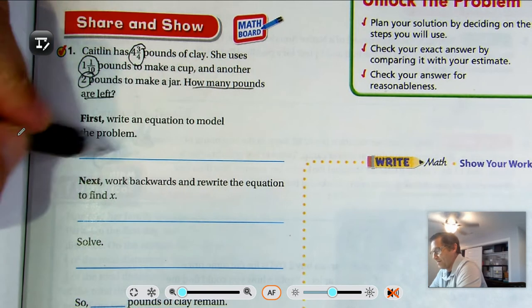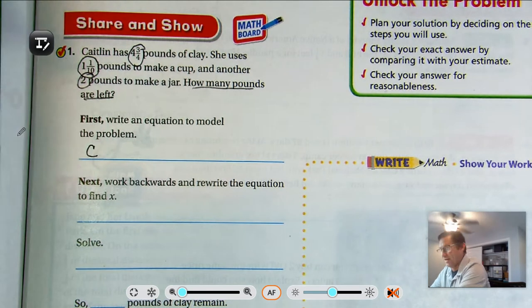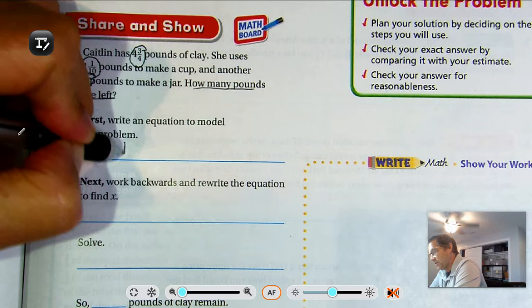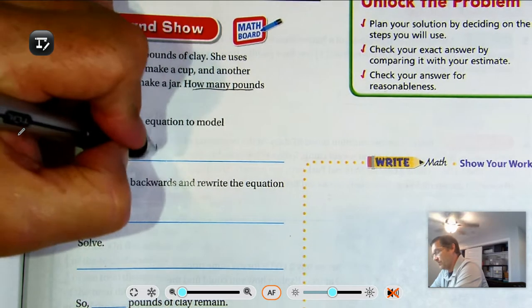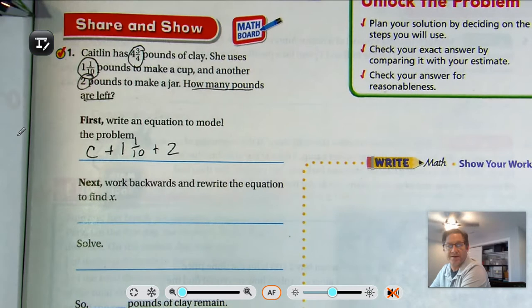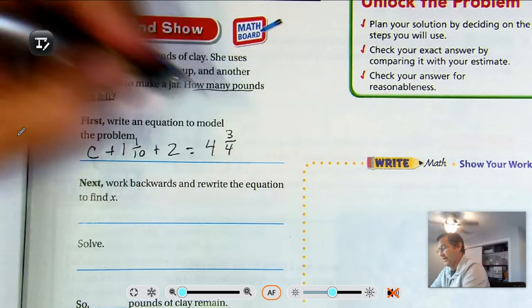Well, if we take the amount left, I'll put C for clay, plus how much she used for the cup, plus the 2 pounds she used to make a jar, has to be 4 3/4.